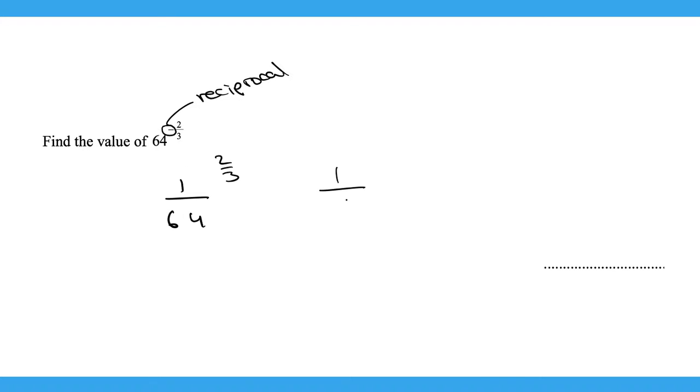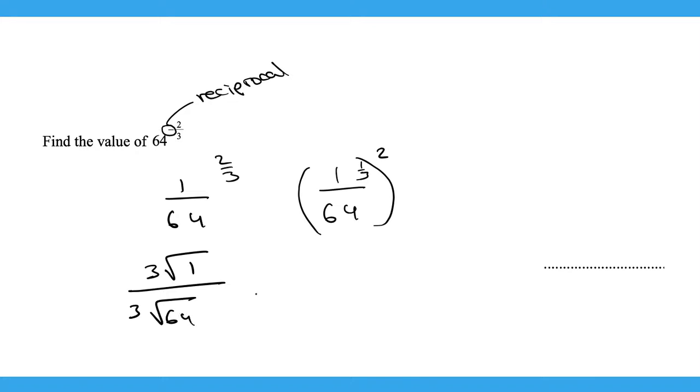So we have 1 over 64. Let's split the 2/3 apart. So 2/3 can be split into 1/3 and then we can square it. What does 1/3 mean? It means cube root. So let's find the cube root of 1 and the cube root of 64, and that's going to give you 1/4.